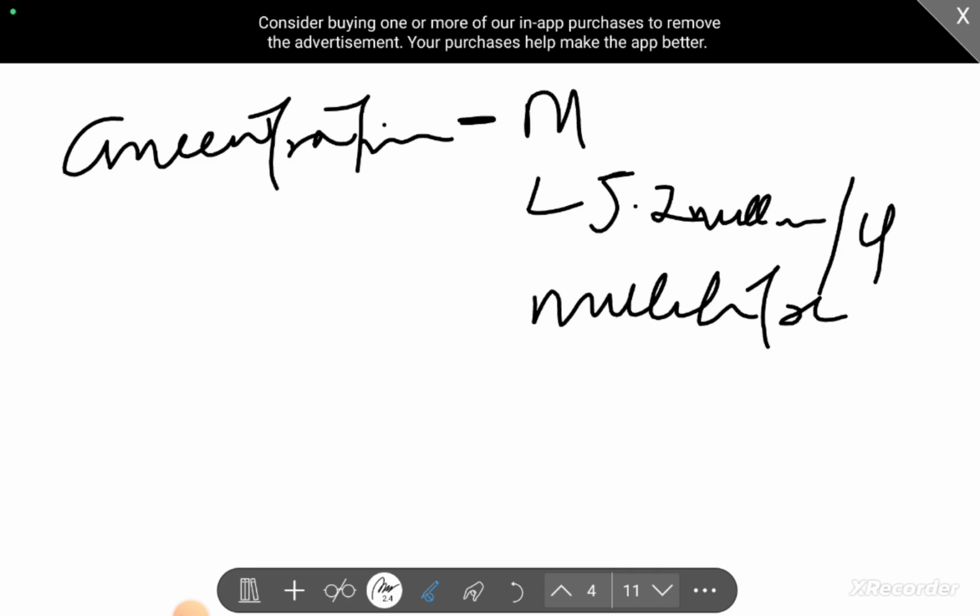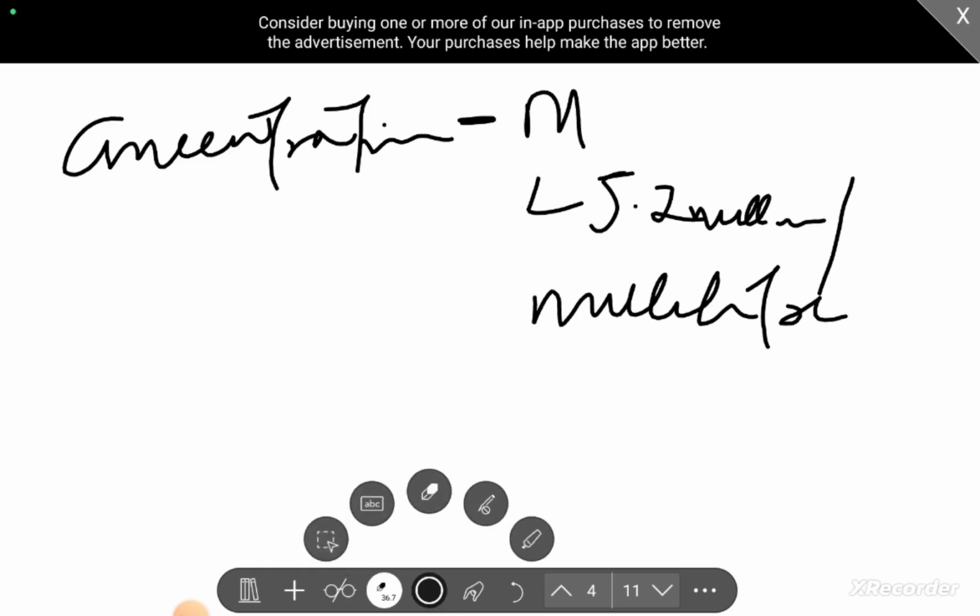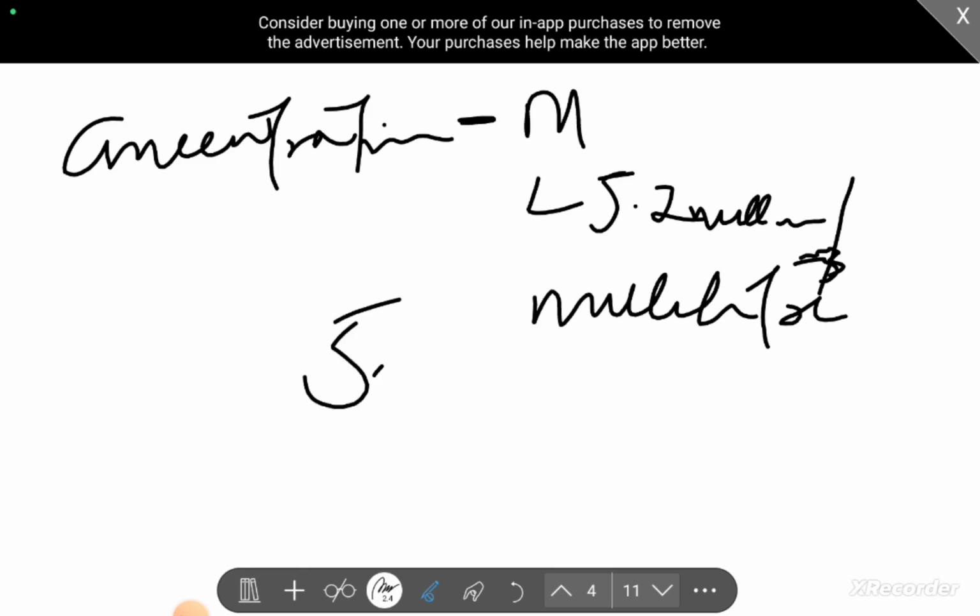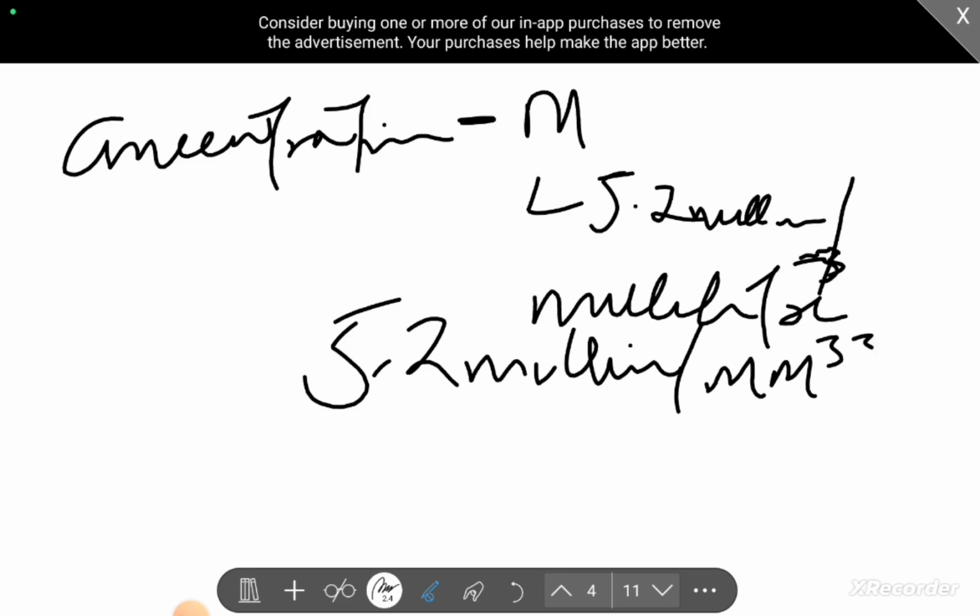Sorry about this, it is per cubic millimeter, per millimeter cube. So 5.2 million per millimeter cube is the normal concentration in an adult male.